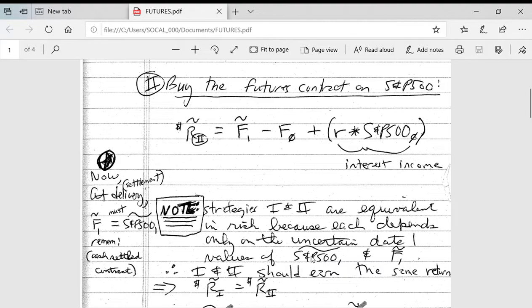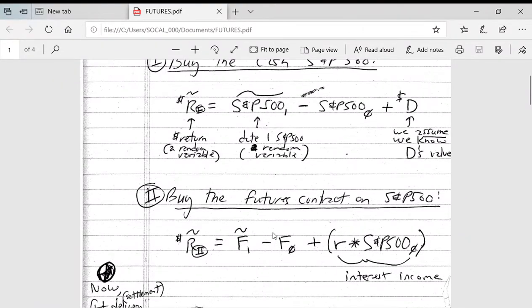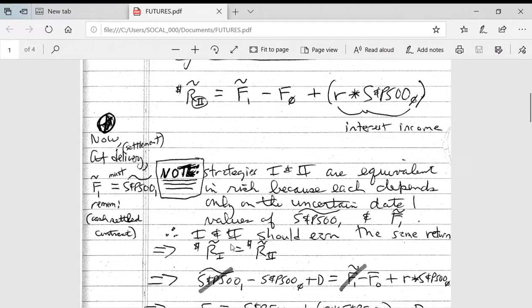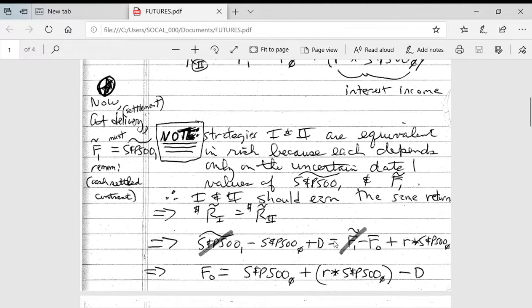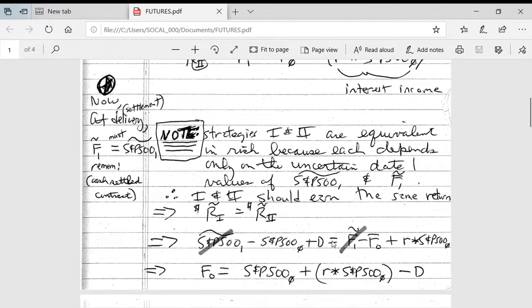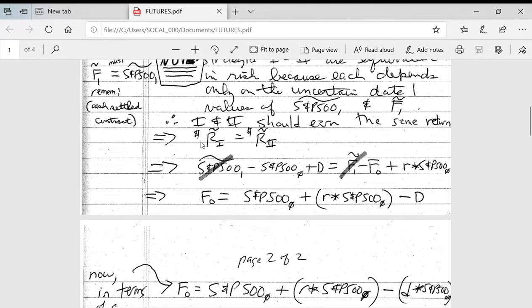And since this is set equal to this on the last trading day, the implication is that strategy 1 and 2 should earn the same return. Okay? Strategy 1 and 2 should earn the same return. So that means the return from strategy 1 is equal to the return from strategy 2.